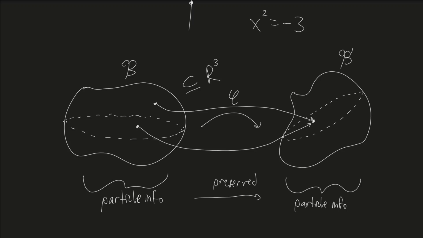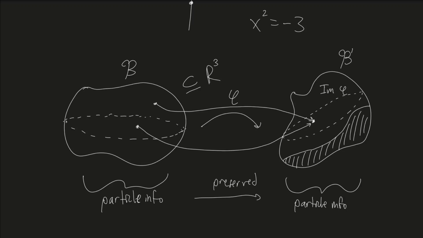An additional issue that could happen is that maybe this deformation only maps the original body B to some subset of the new body B prime. So maybe only in this part we have the image of phi, and then here we just somehow have these new particles.